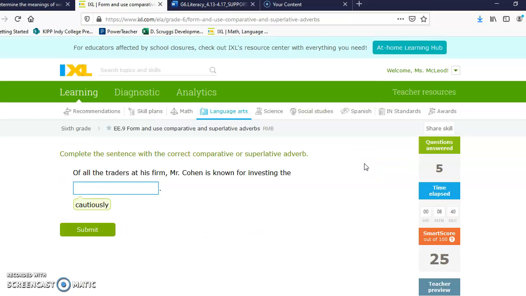So we're going to try it again. Of all the traders at his firm, Mr. Cohen is known for investing the cautiously. Would it be cautiously or would it be more cautiously?